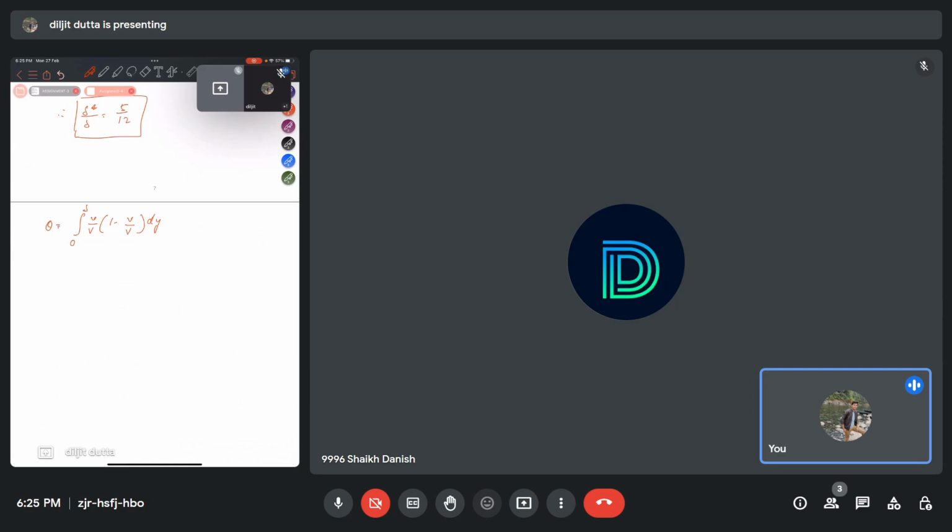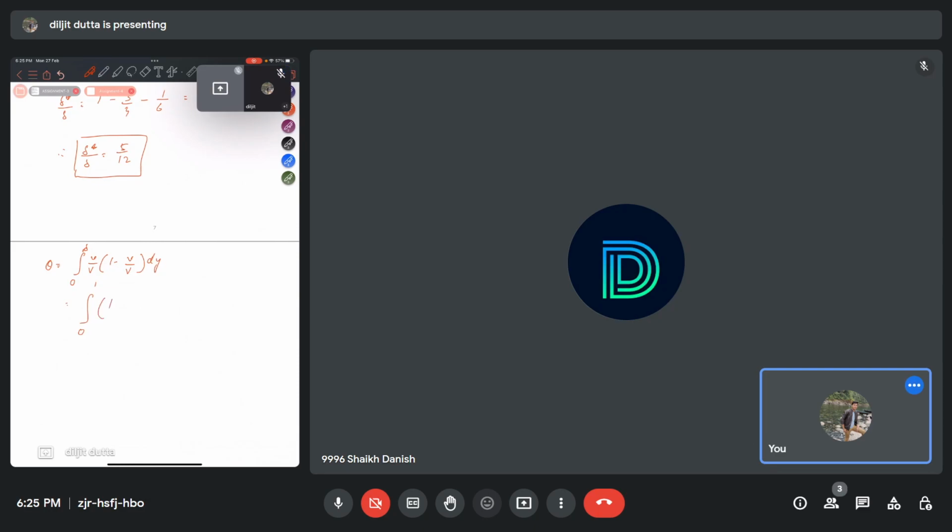Now we will replace the value of v by V and dy as delta d eta. This will also change the limit, so the limit will be 0 to 1. v by V is 3 by 2 eta minus eta squared by 2, and this is 1 minus 3 by 2 eta minus eta squared by 2, into delta d eta.